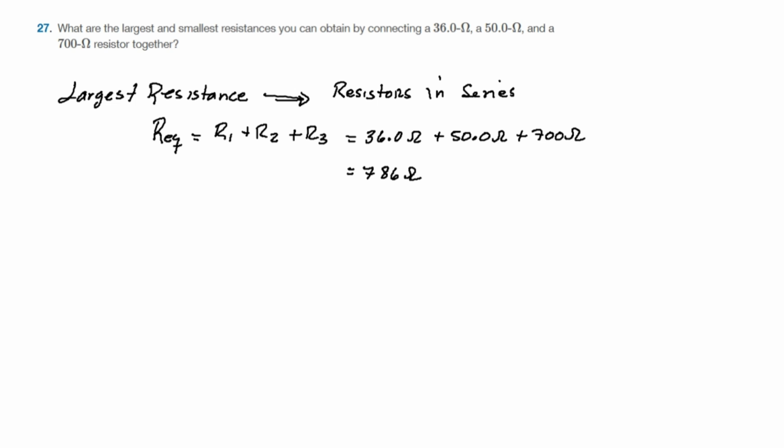Now, the smallest resistance is when the resistors are in parallel.